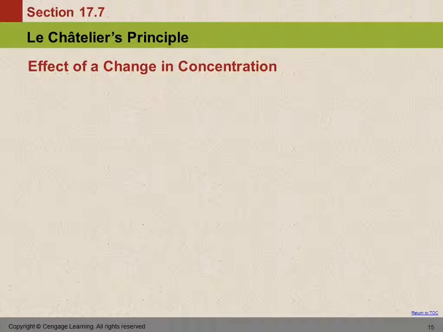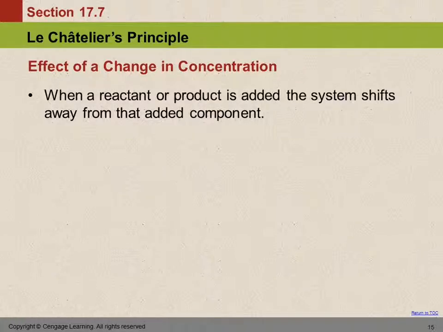So, anyway, section 17.7, Le Chatelier's principle. We talked about what an equilibrium was, and now we're going to look at what happens with changes in an equilibrium. If we have a change of concentration for an equilibrium reaction, remember an equilibrium is where we have a forward reaction and a reverse reaction.